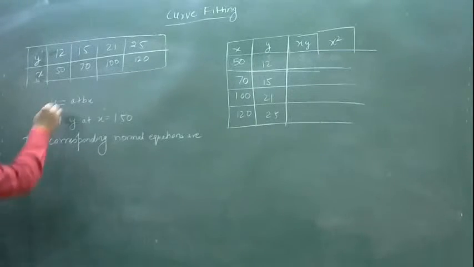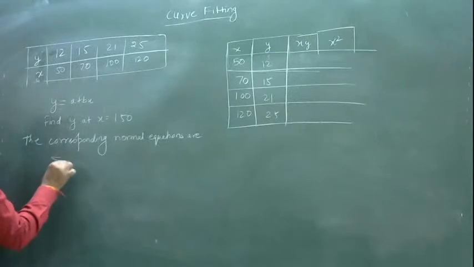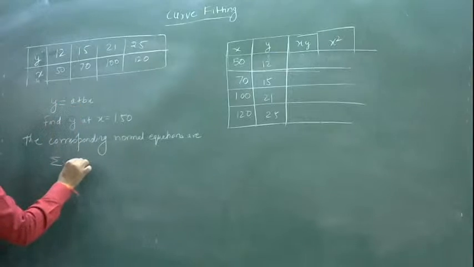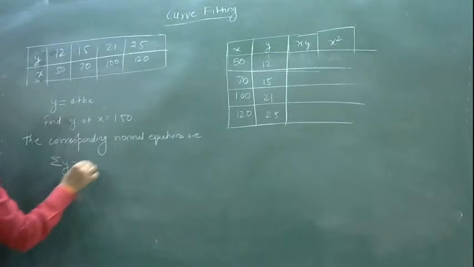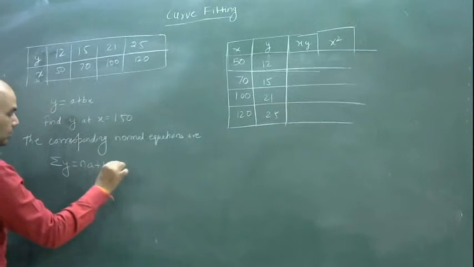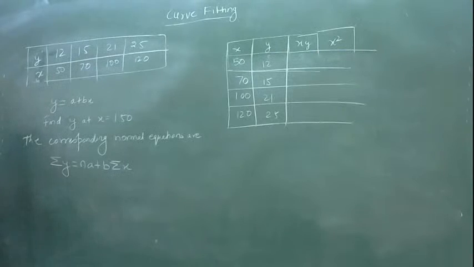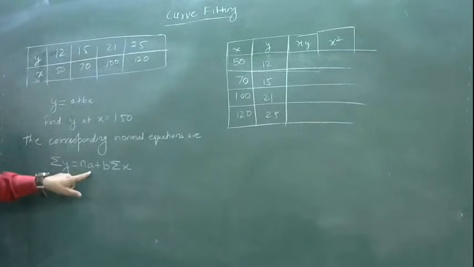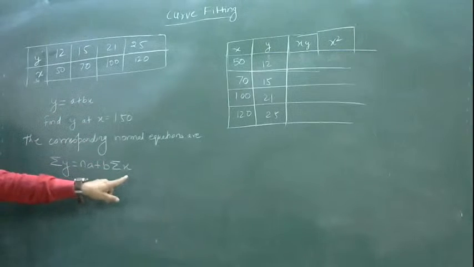So this will be summation y is equal to n times a plus b summation x.